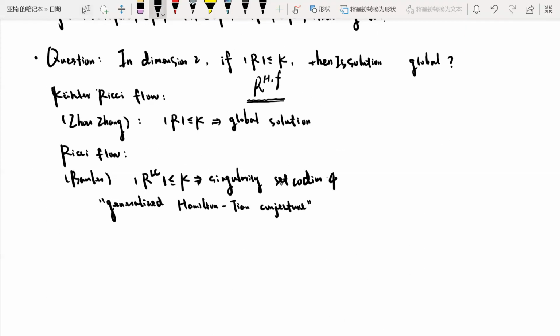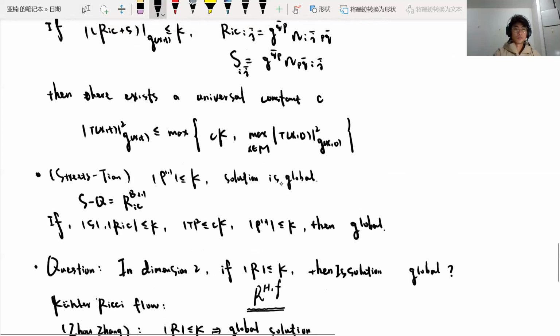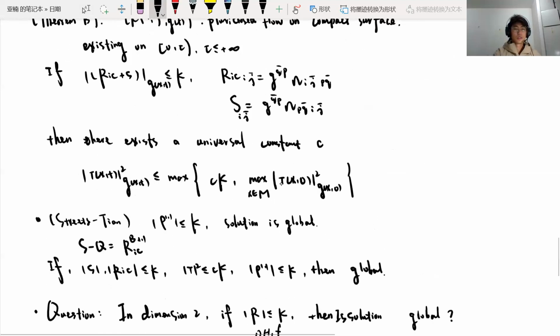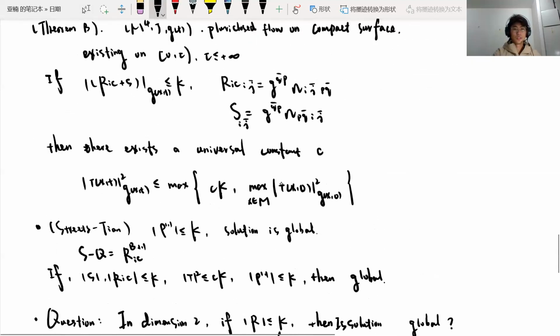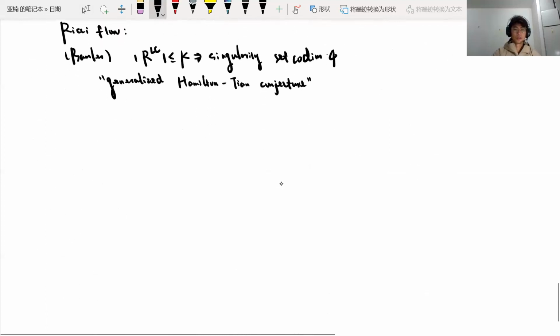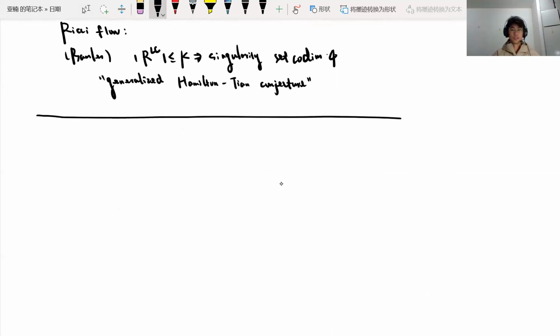Sure. And next, before we give some proof of these two theorems, I'd like to talk more about the Hermitian case, or the special case that is non-collapsing, which means that we have the class is zero.